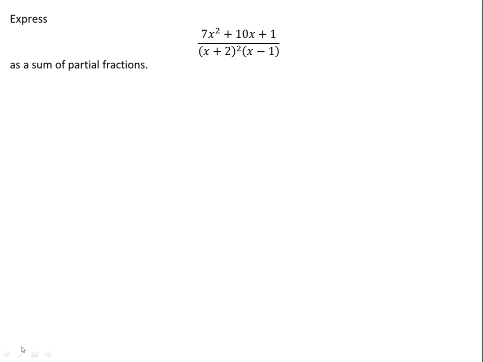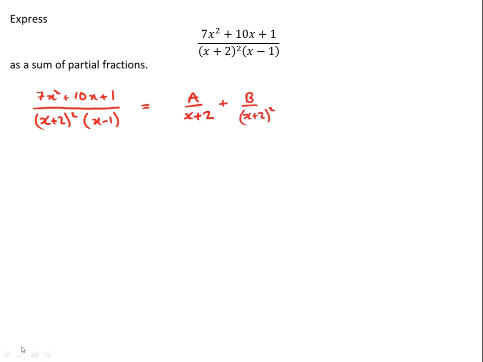Well, we should be able to write it as something over the x plus 2. Now the x plus 2 is the repeated factor, so we're also going to have something over x plus 2 squared, plus also something over the x minus 1.